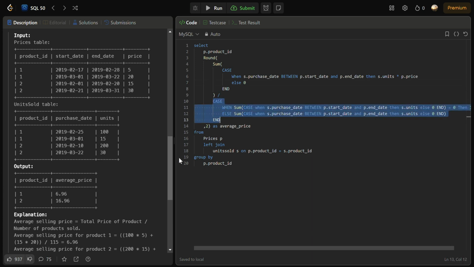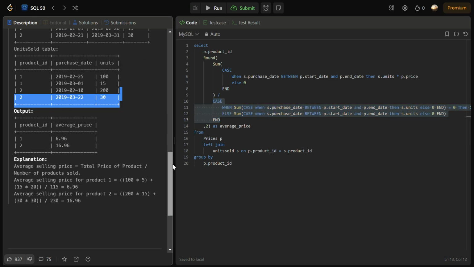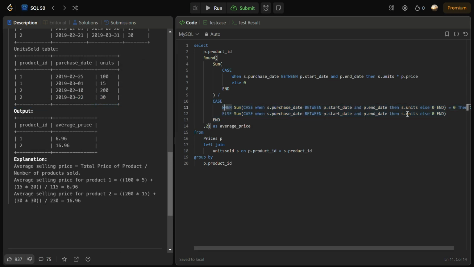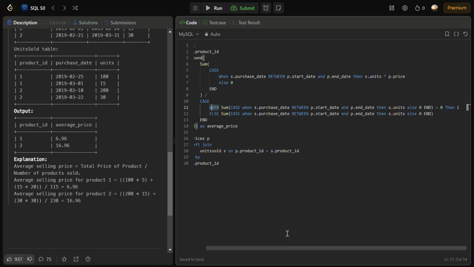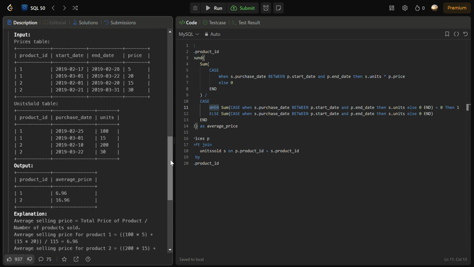Here, the first line, the sum of this line, checks for the null division. This line is used to check whether there is a division by zero error or not. Suppose you have product number 3, which does not have any product in the units sold table, so its units sold is zero.